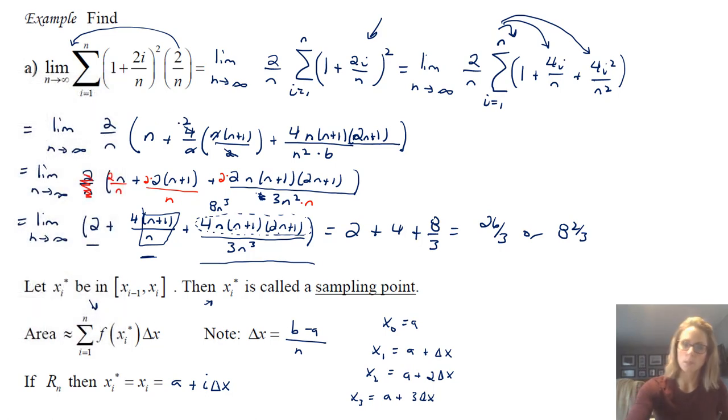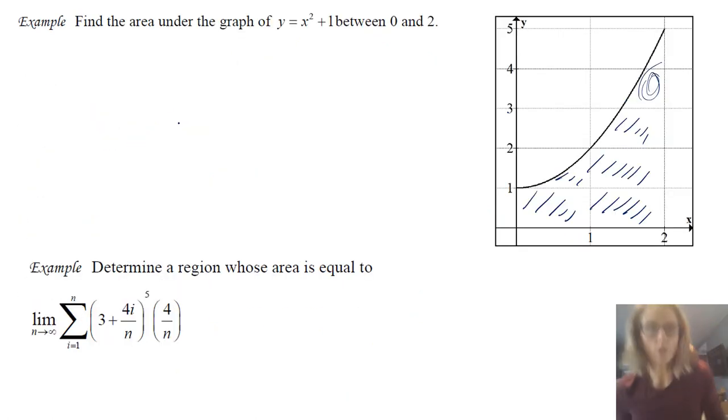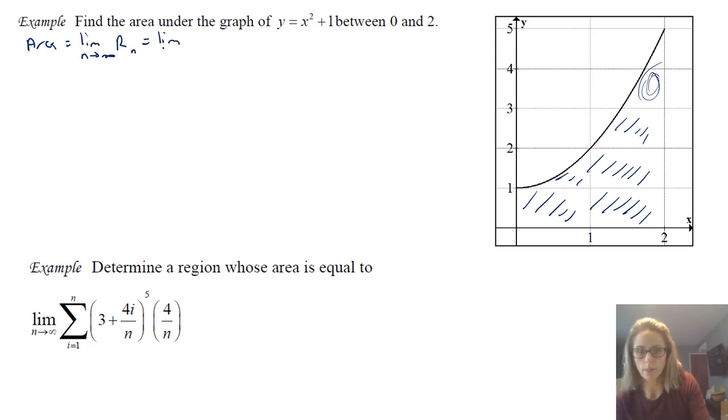Okay. So the way that we look at this is the area that we're trying to find here. The limit as n goes to infinity of the right-hand sum is equal to the limit as n goes to infinity of adding up a bunch of these rectangles.